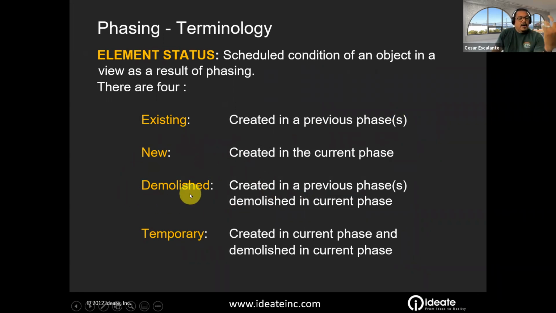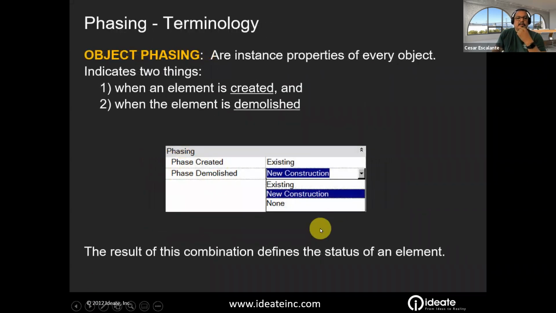The status of the demolished object is an object that was created in the previous phase and is demolished in the current phase. So these are existing to be removed. If I look at the phasing, it will be an existing element. The object was created in the existing phase and it was demolished in the new construction. Think of walls that need to be replaced or changed in the current scope.